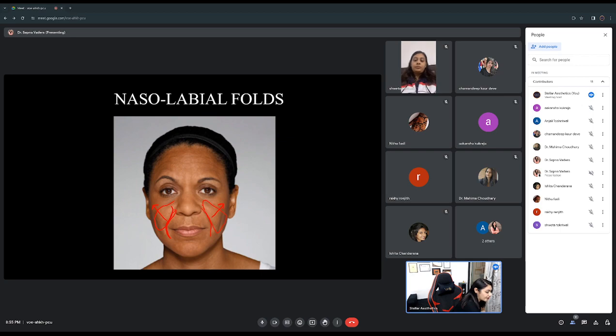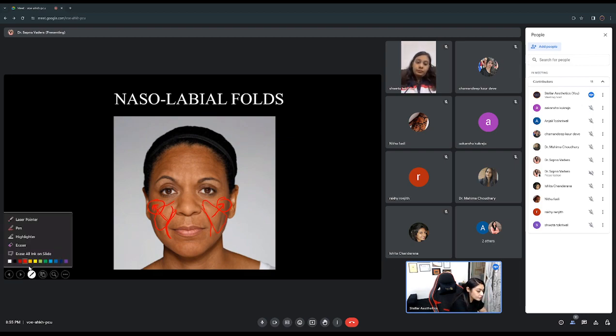The zygomatic eminence is one of the prominent poles of the face, and this should be the highest point, where all the fat belongs. So you have to take it back and put it up whenever we have a nasolabial fold.